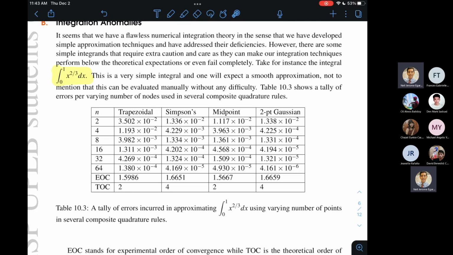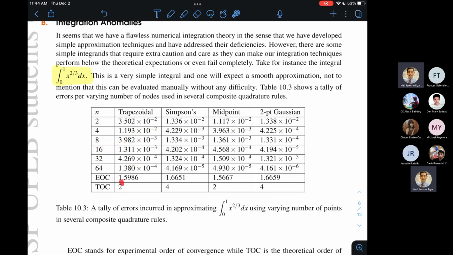All right. Pero looking at this data, sa implementation ng method, ang order of convergence ng numerical approximates, I think I used Excel for this one, ay 1.5986 lang. So ibig sabihin, yung error is a big O of h to the 1.5986, meaning the error vanishes as fast as how h to the 1.5986 approaches 0.